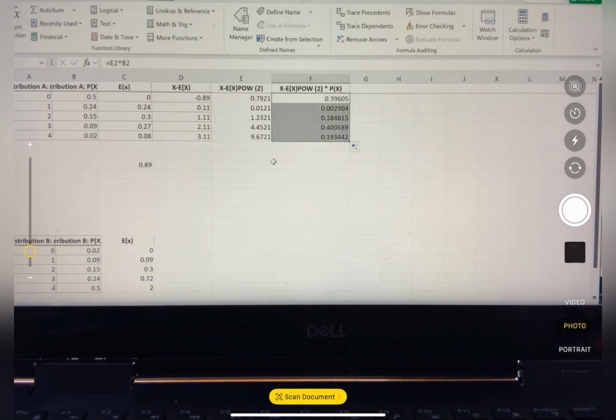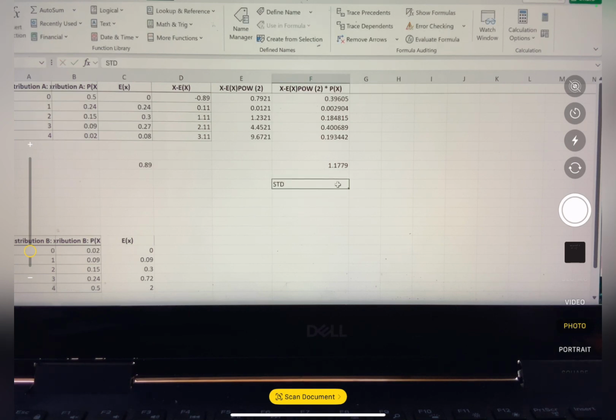So once I sum it, practically the STD, standard deviation of the distribution, is going to be the square root.